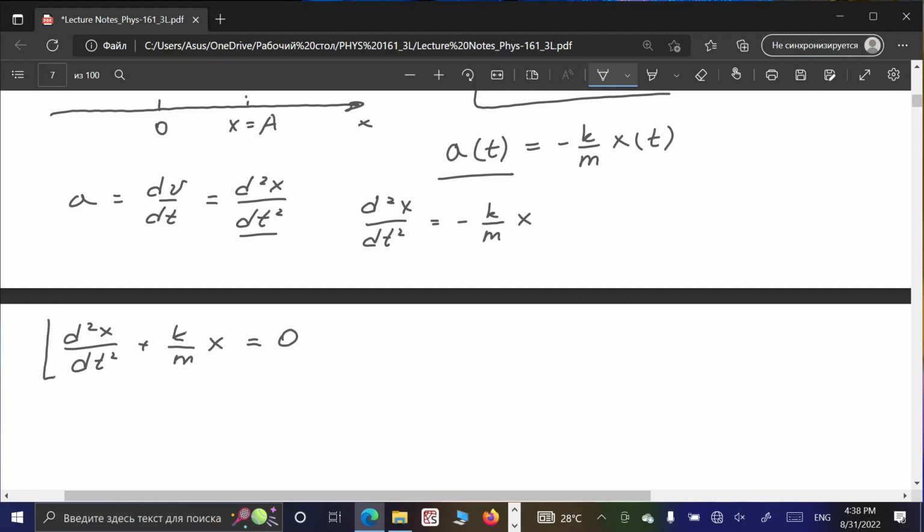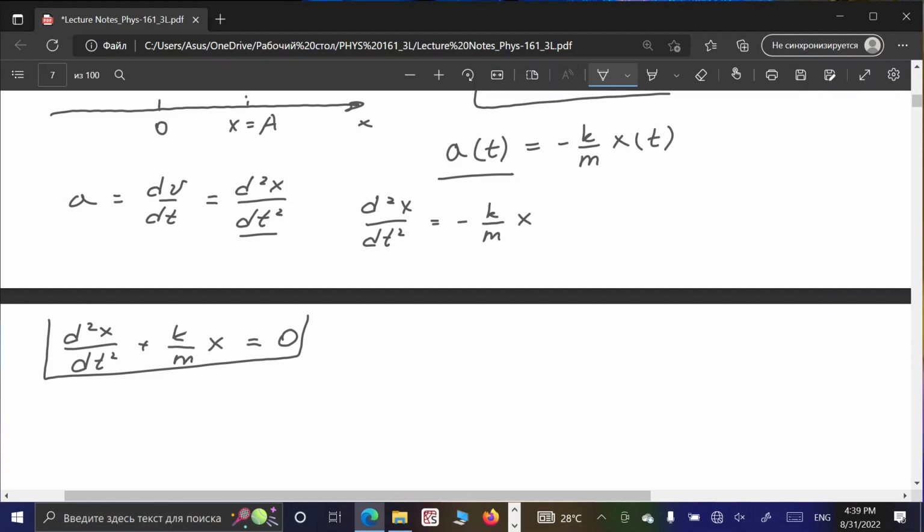So this is a so-called second order linear differential equation. You will solve many of these during calculus a little bit later. Now we don't go step by step through the solution of this differential equation, since we will do this a bit later when we consider harmonic oscillation, harmonic motion.